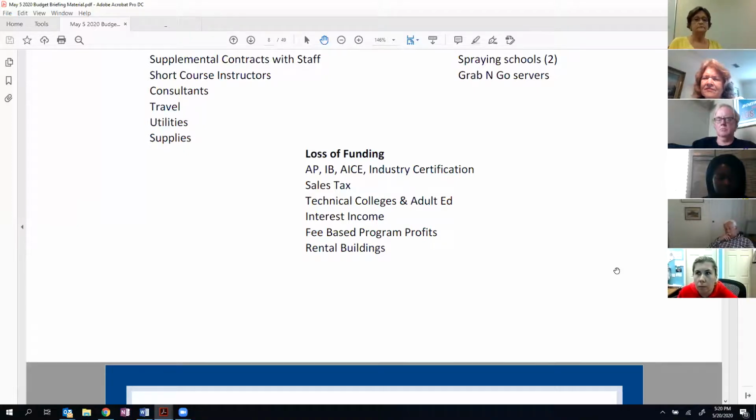So there may be some ways around some of these cost increases. In high school graduation, we might be able to do a little bit of savings by making things a little bit better for them.